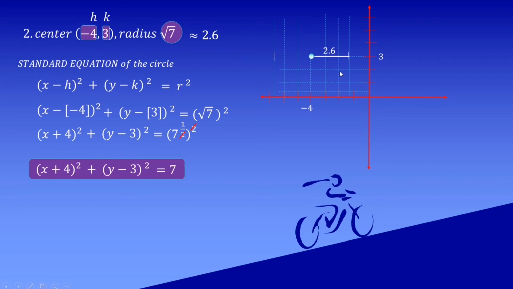Diyan makita natin approximately 2.6. Then above this center, also 2.6. So the collection of all such points which are 2.6 away from the center, yan form a circle with the center negative 4 and 3 and radius 2.6.